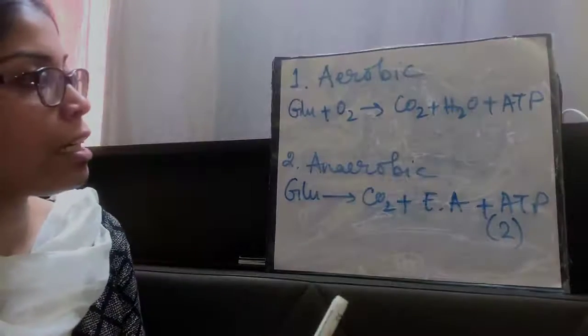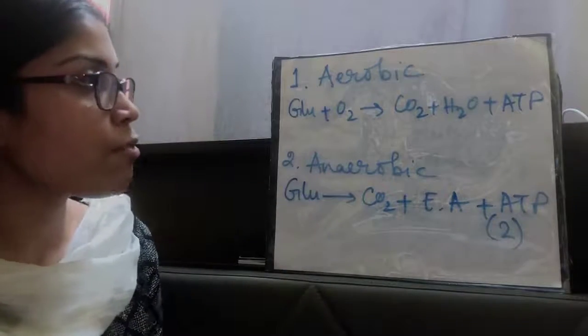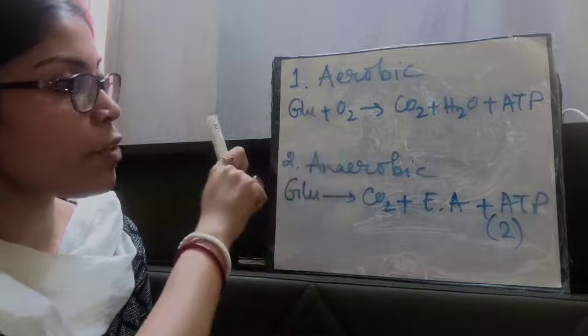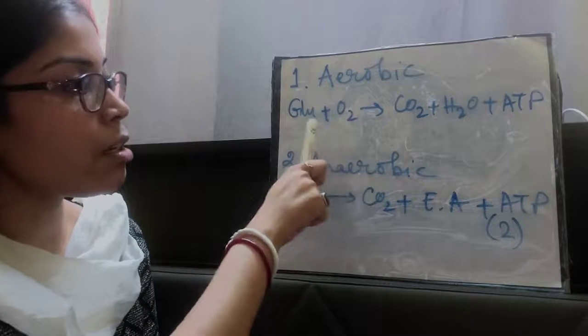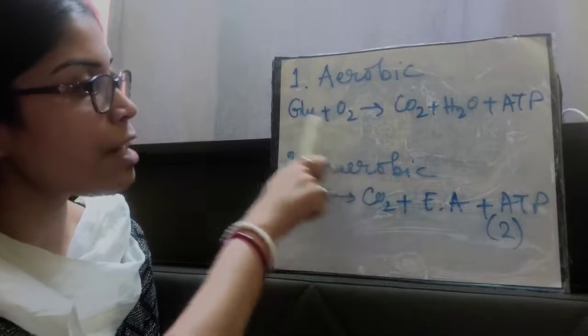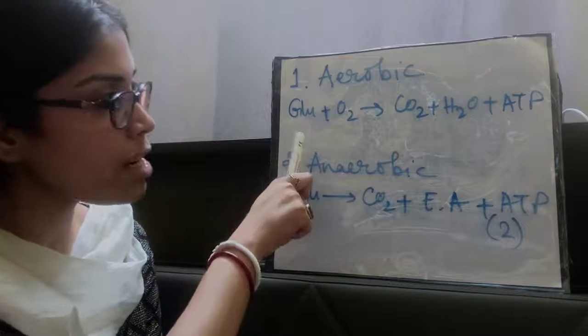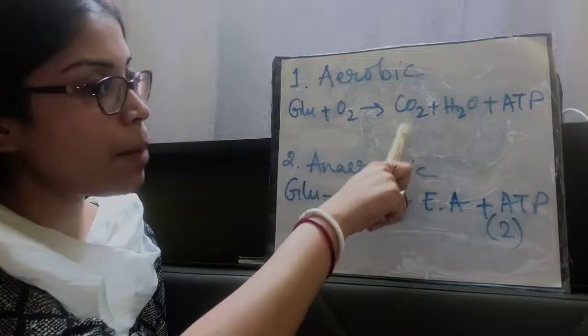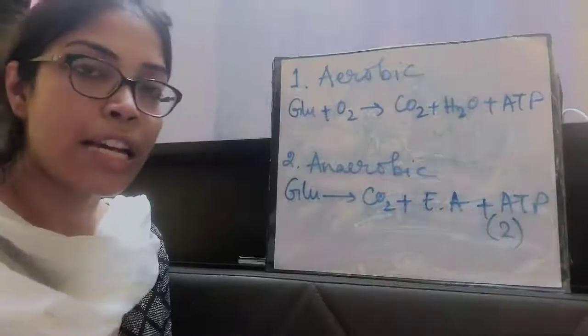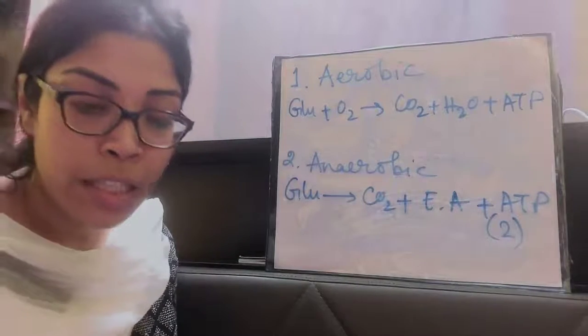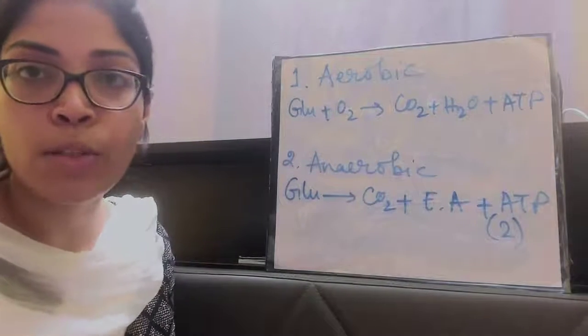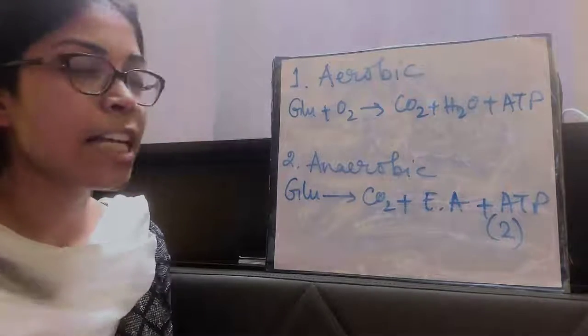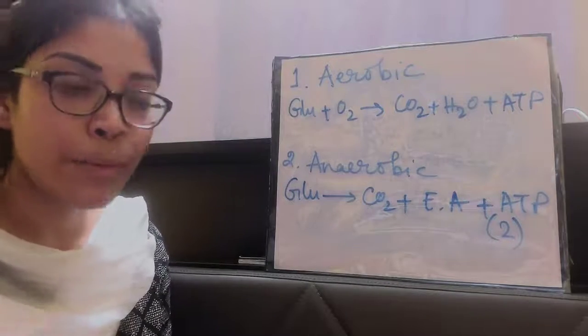So these are basically the 2 types of respiration. The first one, aerobic respiration, takes place in presence of oxygen, and here glucose is completely oxidized and it produces carbon dioxide, water and ATP. The energy is more here, 38 molecules of ATP are produced, and it takes place in all the higher plants and animals.